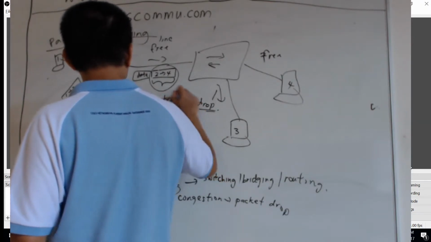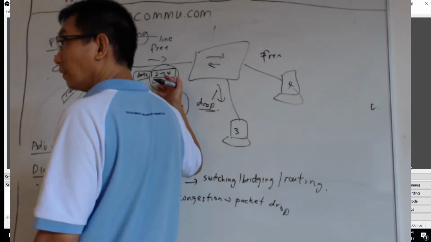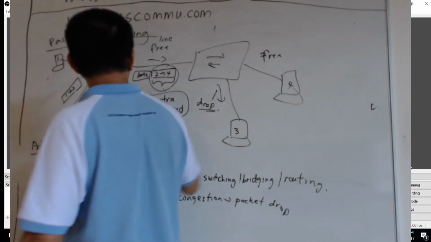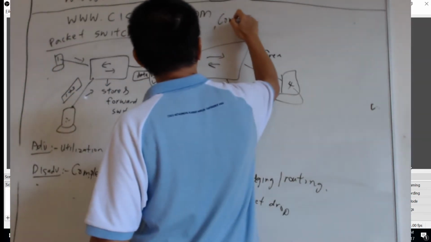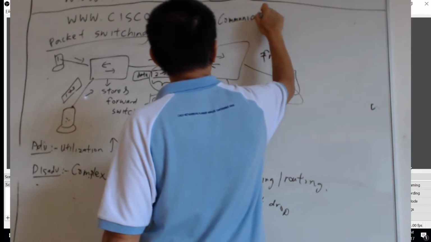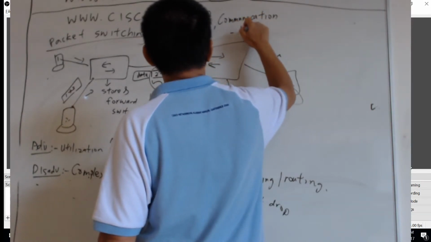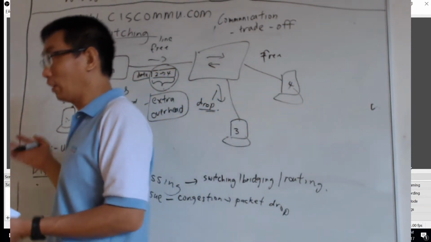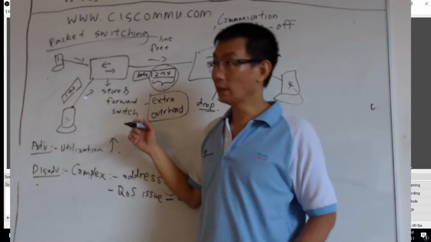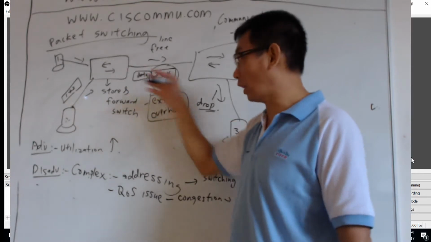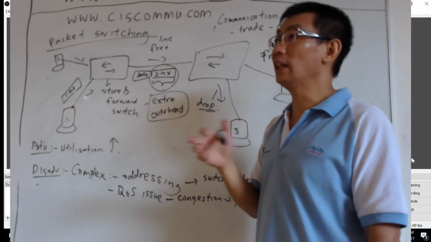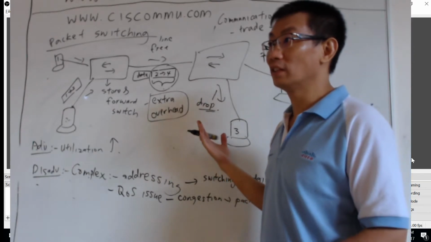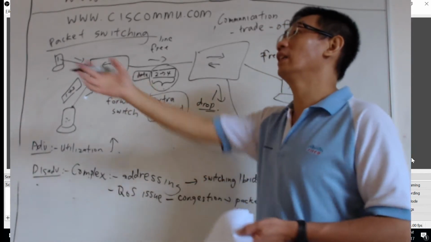Extra overhead. Clear? So communication is always about trade-off. You cannot have this and that. In circuit switching, because the whole wire is yours, after setup you don't need addressing information, because the other end is over there.